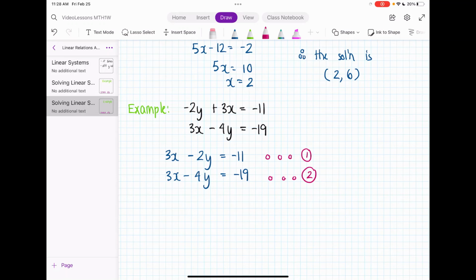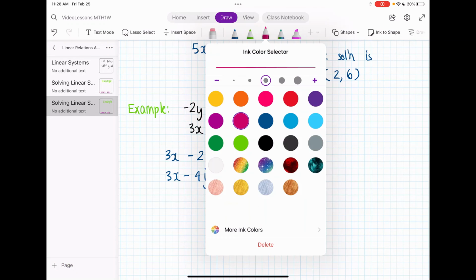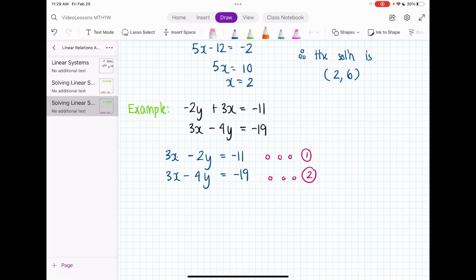The variable I'm choosing to eliminate is x because I have 3x and 3x. So those are easy to eliminate because if I subtract them, then they will go away. So again, to remember, we are subtracting. So this is negative 2y minus negative 4y. Negative 2 minus negative 4 is like saying negative 2 plus 4.